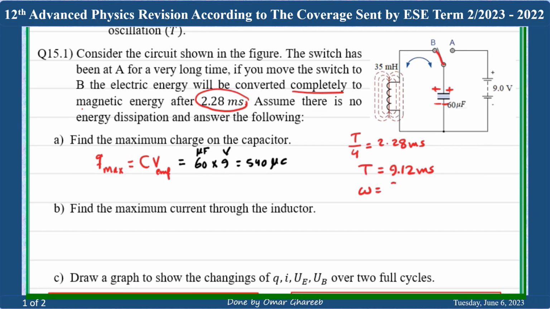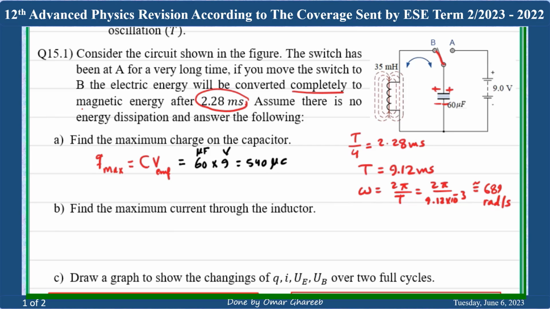Omega is 2 pi over T. So it is 2 pi over 912 times 10 to the minus 3, that is almost 689 radian per second.